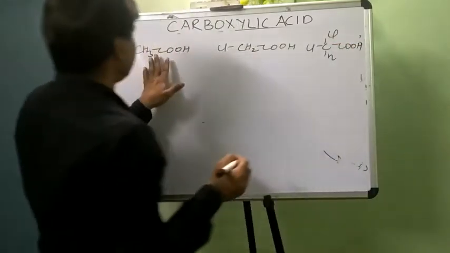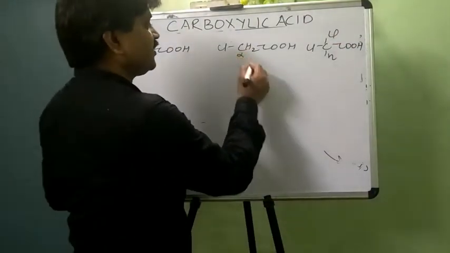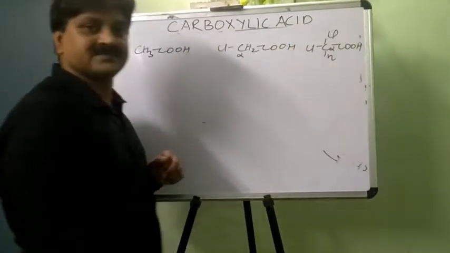There is no electron withdrawing group in the first acid. One electron withdrawing group is present at the alpha carbon in the second, and the alpha carbon has two electron withdrawing groups in the third.